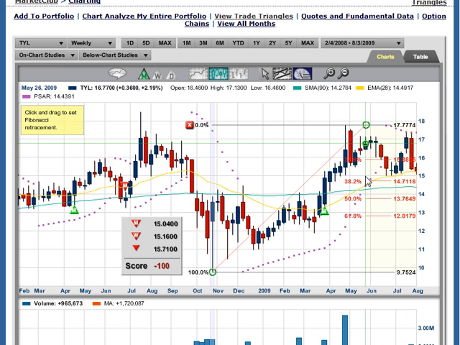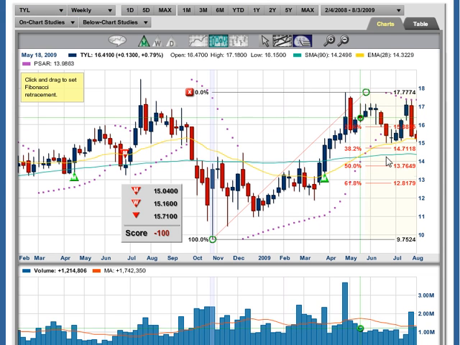You can see that it has acted as support before. Should $15 break, I believe we're going to go all the way down and touch the 61.8% retracement level on this stock, all the way down to $12.80, about 82 cents. So that would be a price target.